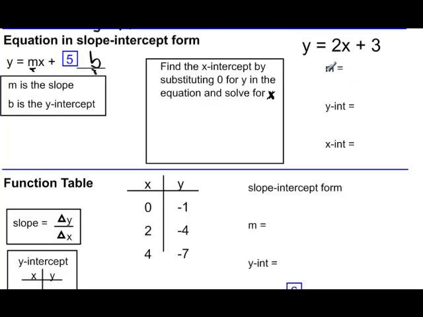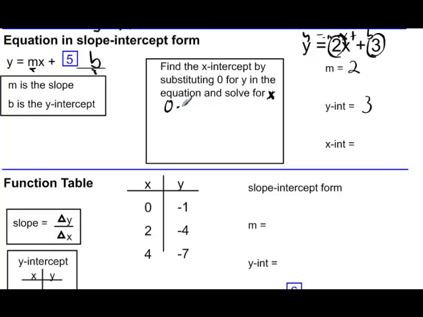So, here we have an equation. It's already in slope-intercept form: y equals mx plus b. So in this case, we know our slope is our m, right there, positive 2. We know our y-intercept is b, or the 3. So now to find the x-intercept, we simply have to substitute 0 for y in this equation and solve for x.